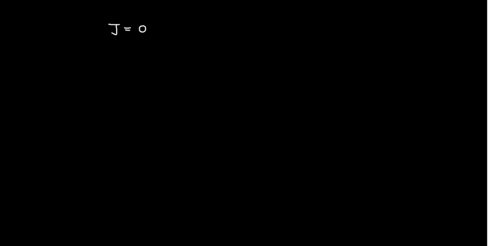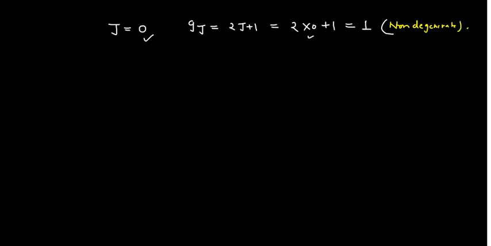In that case your degeneracy Gj would be equal to 2j plus 1, which is 2 into 0 plus 1, that would be 1. That would be 1 because j is 0. In that case your system is non-degenerate, there is no degeneracy.